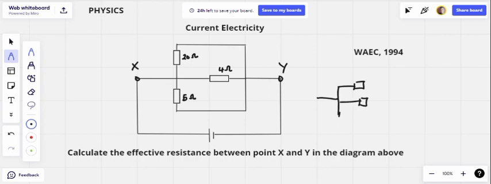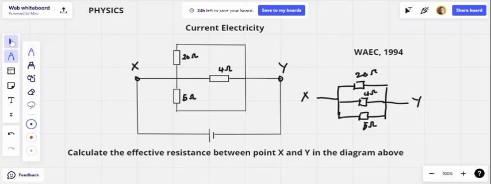This is what you actually have there, and all of them have the same back. So this is your X and this is your Y, and this is your 20 ohms, and this is your 4 ohms, and this is your 5 ohms. So it's a parallel connection.